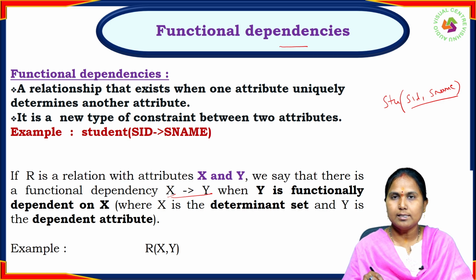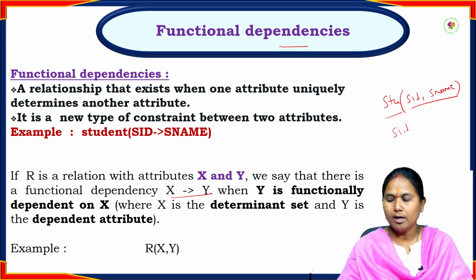See here, the same scenario you can apply to the student database. Student consists of roll number, that is student ID, and student name. The student ID always determines the student name. Why? Because in a classroom, more than one student may have a common name, but every student is uniquely identified by their roll number.